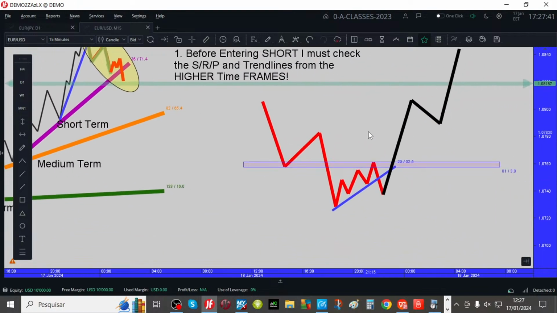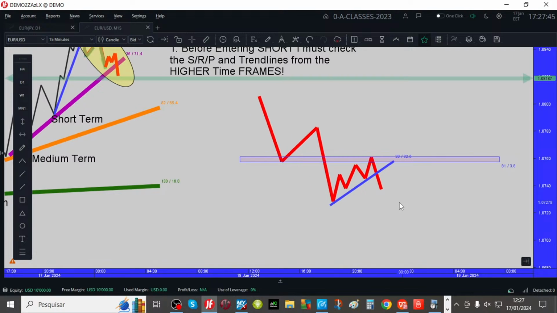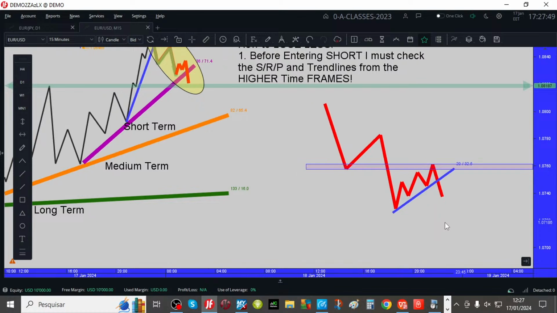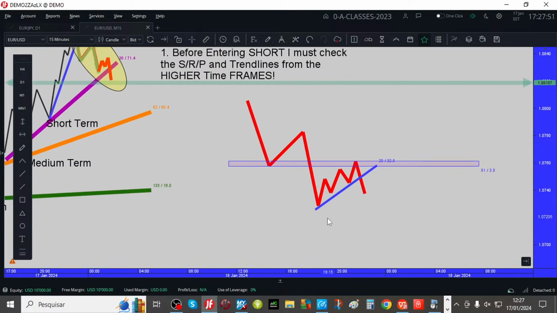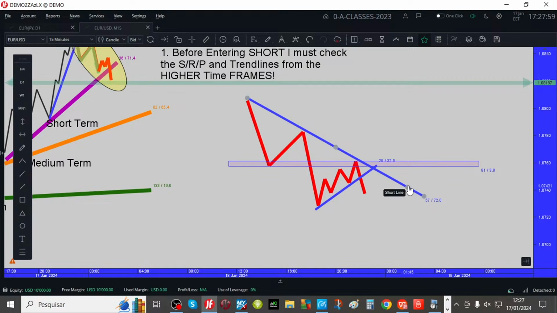Exactly where you are shorting the market, guess what I am doing? Buying, exactly. So you are going to short this. I'm going to put a downtrend line like this.